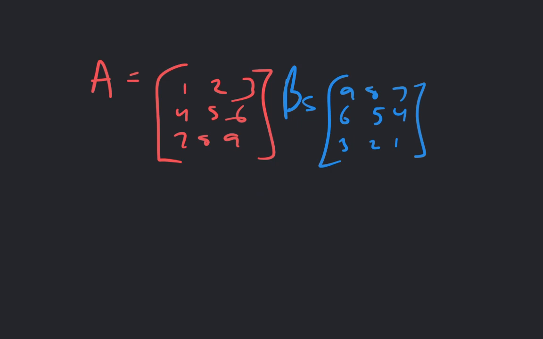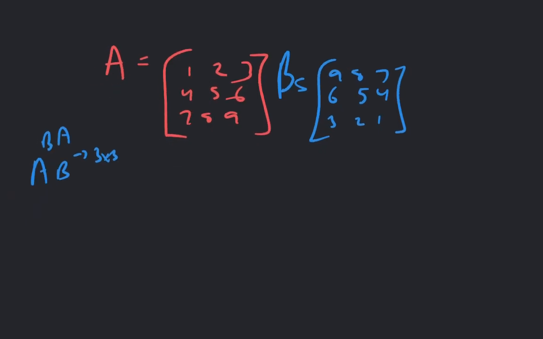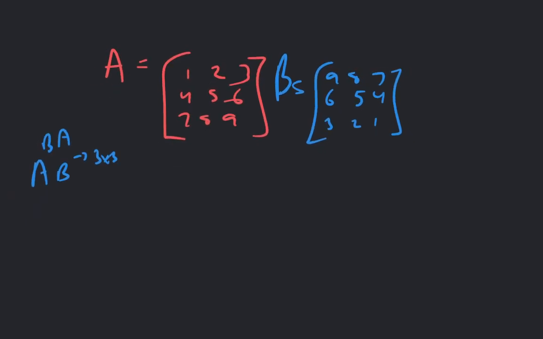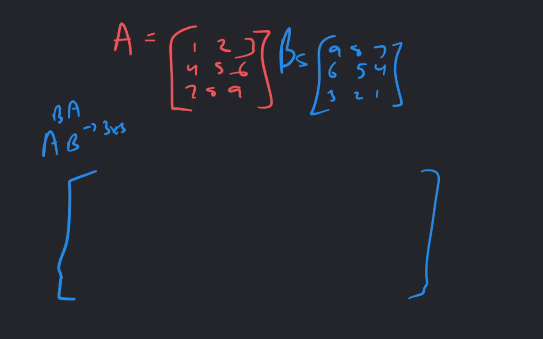If we were to multiply these two together, AB, we could also do BA, but I am just going to do AB, both of which are going to give a 3 by 3 matrix because these are both 3 by 3. So the first thing to do is, you're going to get a lot of sums.